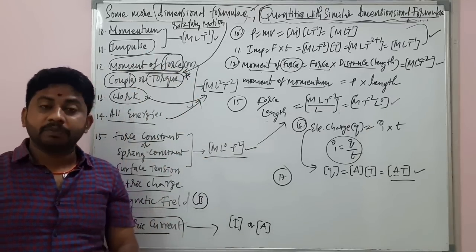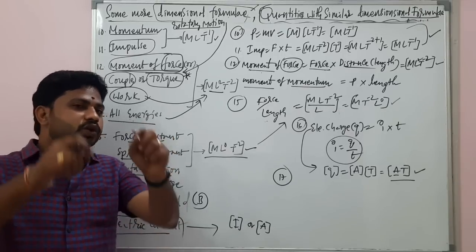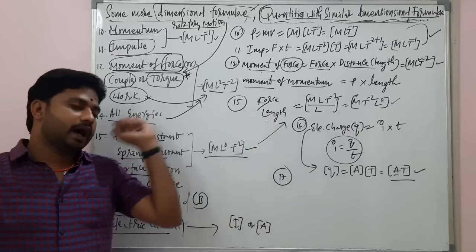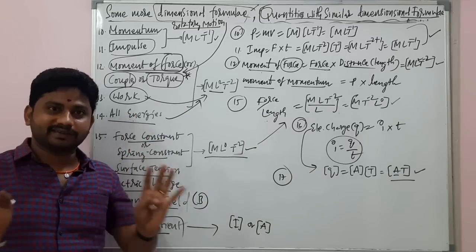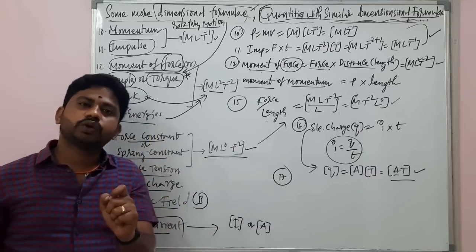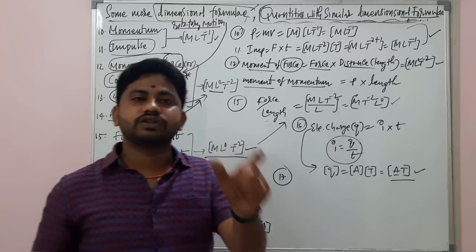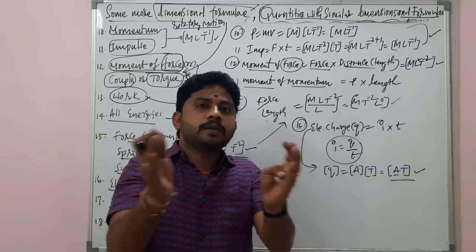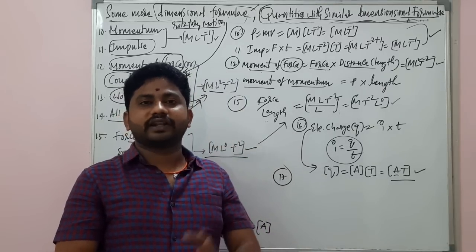Speed is distance by time. Without knowing that, you cannot write the dimensional formula. Nobody can do anything in this case. If you are unable to recollect the formula behind a physical quantity, 100% you cannot write the dimensional formula.